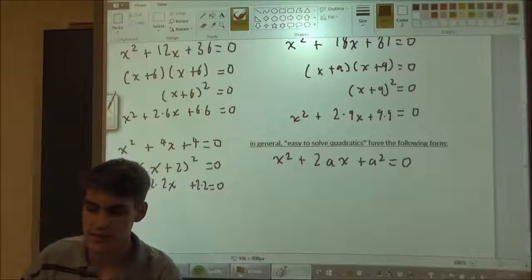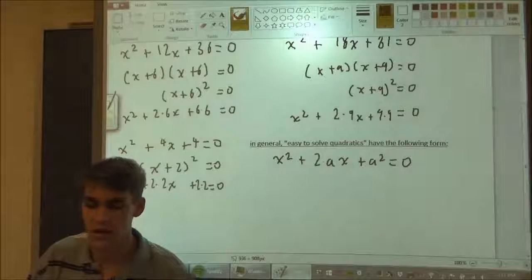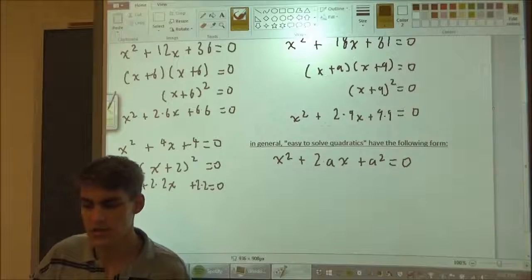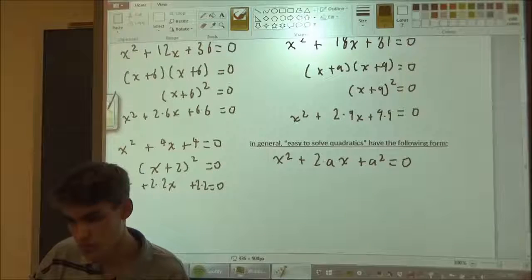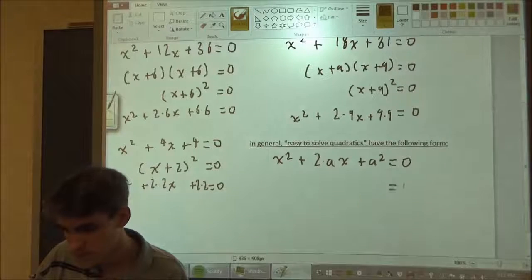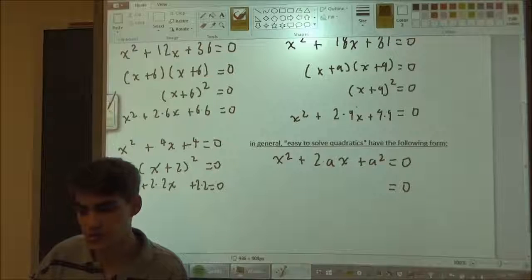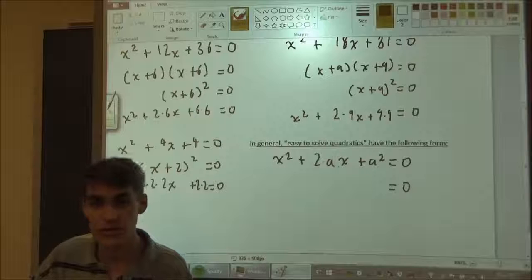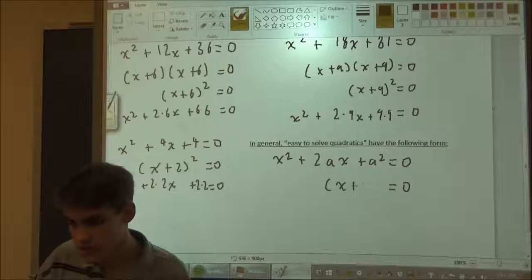Here a is 6, here a is 9, here a is 2. Easy to solve quadratics that are just nice like this, they always look like this, where a is some number. And then if I wanted to talk about the square in general, I could write that something that looks like this is always going to look like this when you distribute.